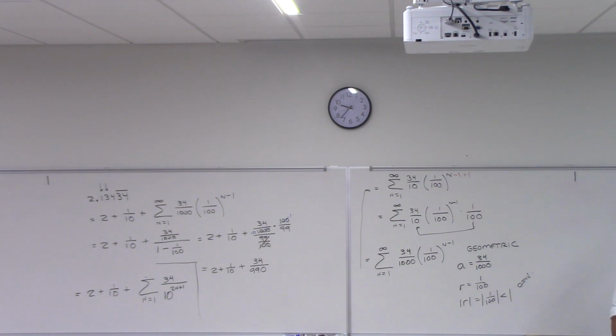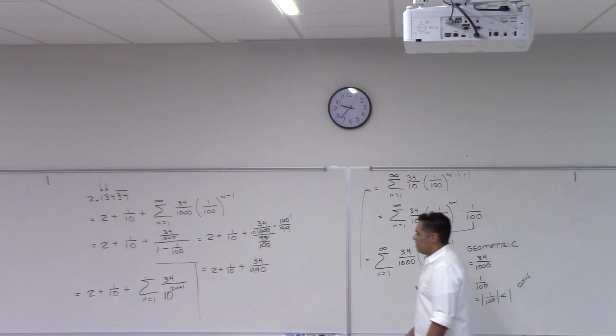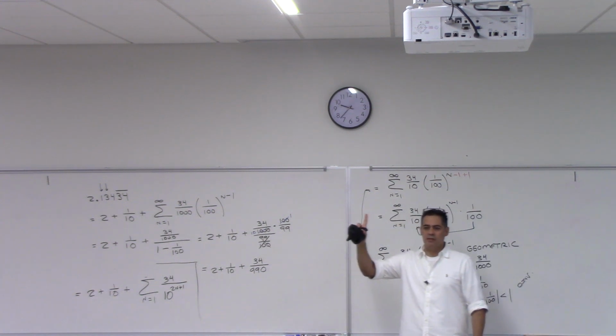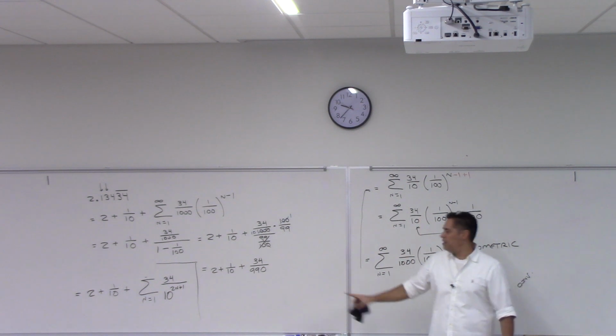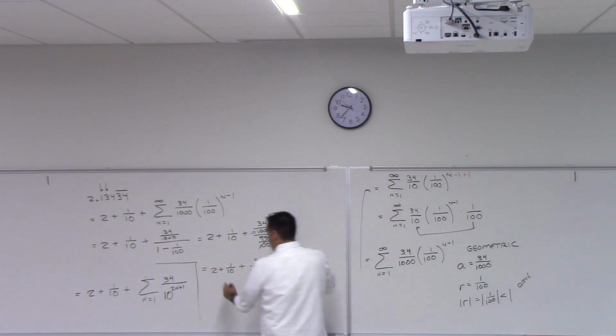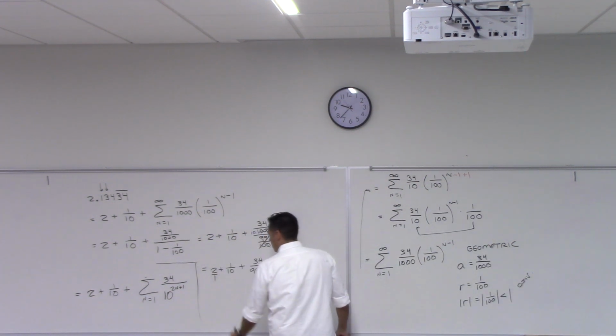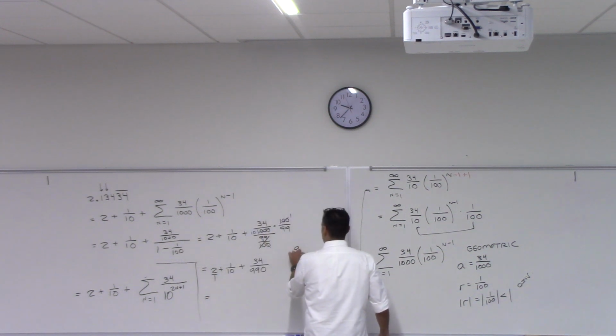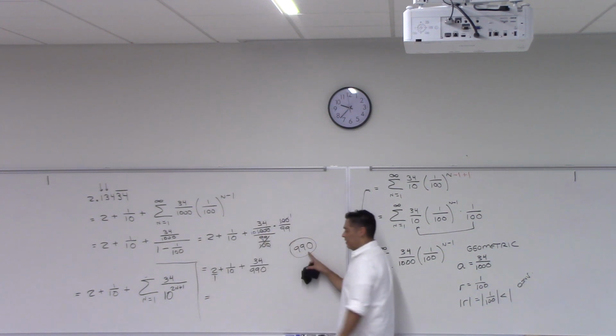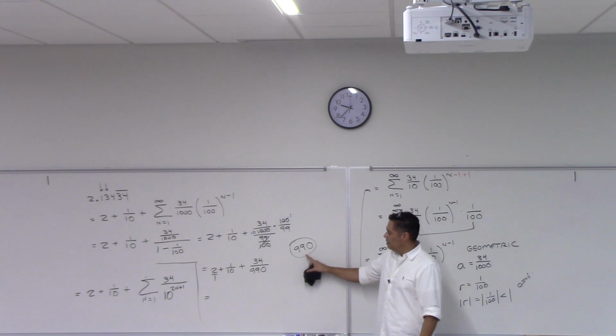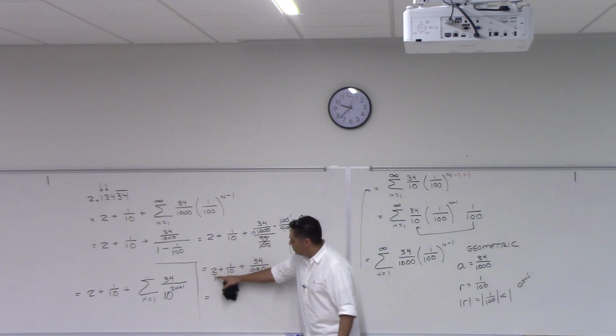Almost there. I need to put this together to be one fraction. So I need a common denominator between all of these. Remember, this 2 is a 2 over 1, right? So my common denominator is going to be 990. I need all of them to have a denominator of 990. So that means I have to multiply top and bottom of this by 990.